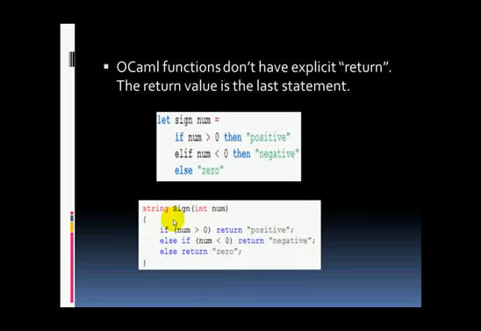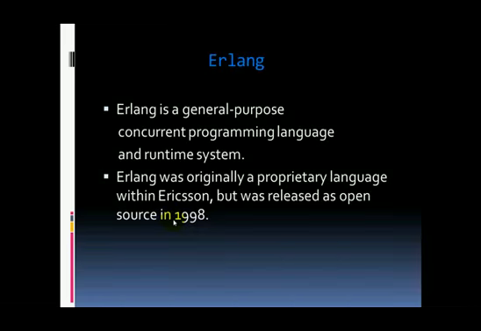OCaml basics: declaring variables. Variables in OCaml are immutable. Declaring functions. OCaml functions don't have an explicit return. The return value is the last statement.